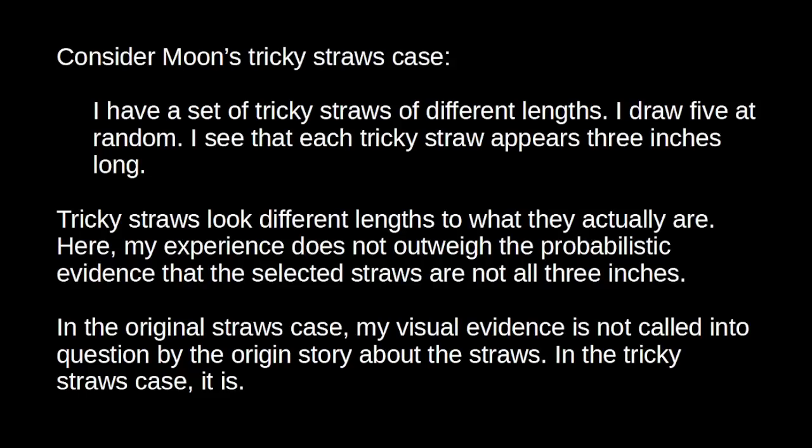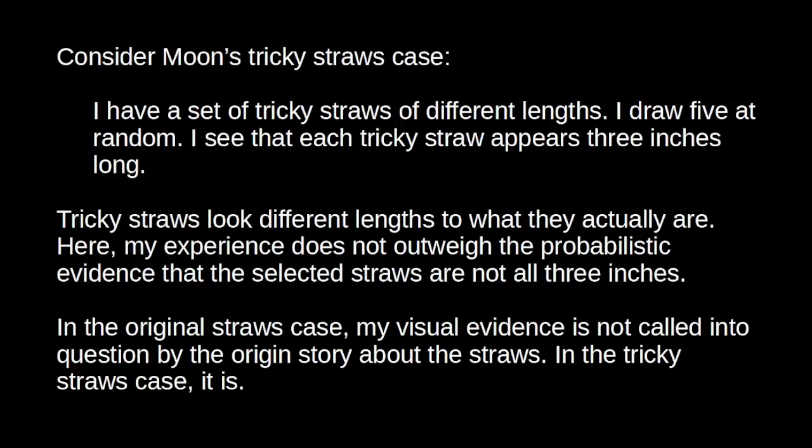So in Bergmann's original straws case, I have this probabilistic inference, which leads me to doubt that all the straws are 3 inches long. But then I look at the straws and I have visual evidence that they're 3 inches long. And the visual evidence is not called into question.